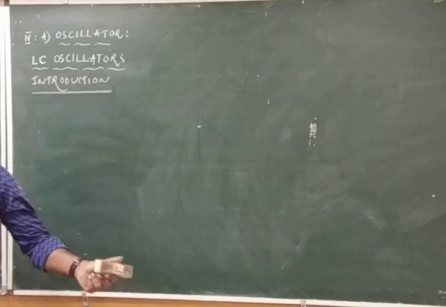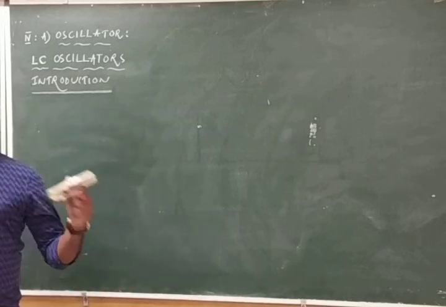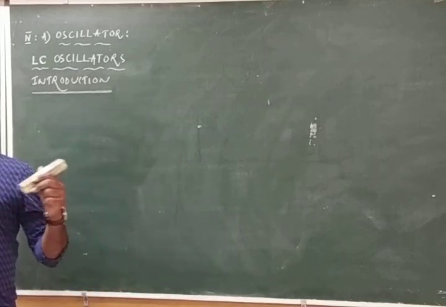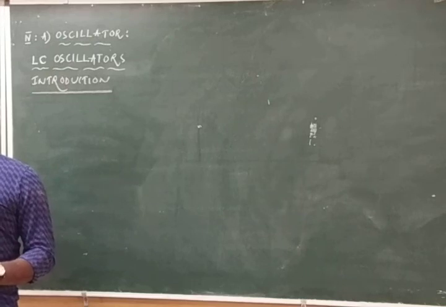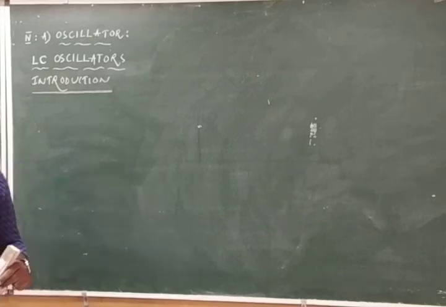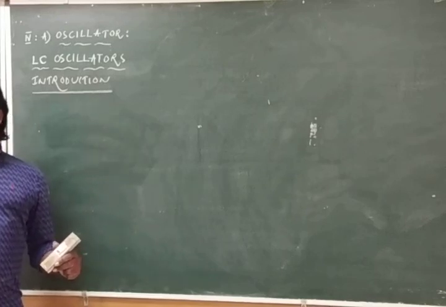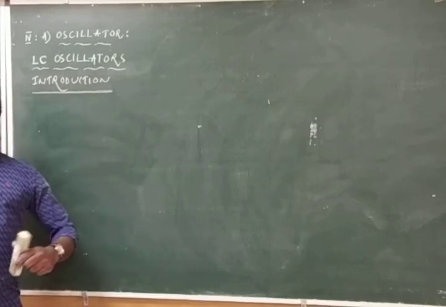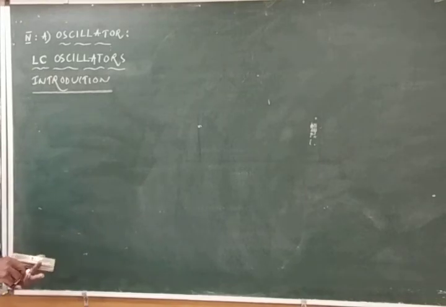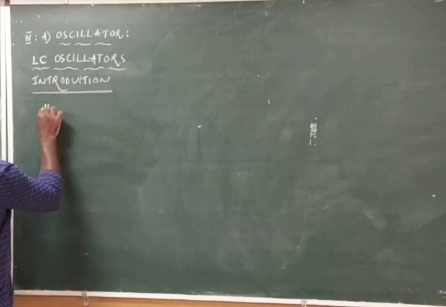The Hartley oscillator is the one in which two inductors and one capacitor are used in the feedback network of the positive feedback. In the Colpitts oscillator, two capacitors and one inductor are used. Then I am going with the Hartley oscillator.